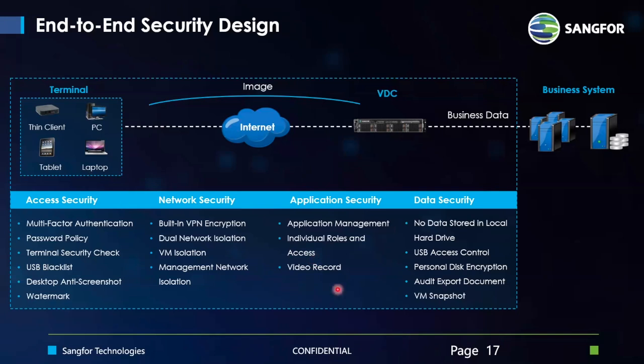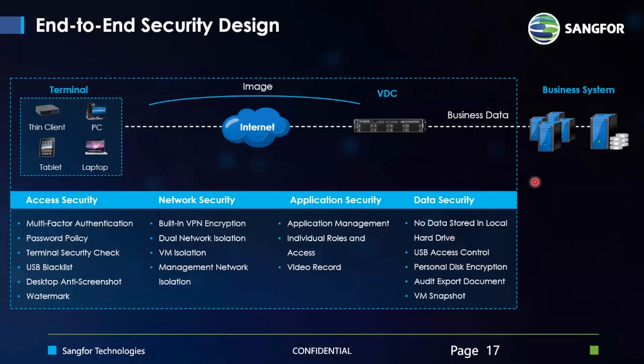You cannot record a video session in the VDI, to prevent leaking your critical data. Individual role and access, so you can assign an individual or a group role to a particular group of users or individual users. Data security, no data is shared in a local hard drive.